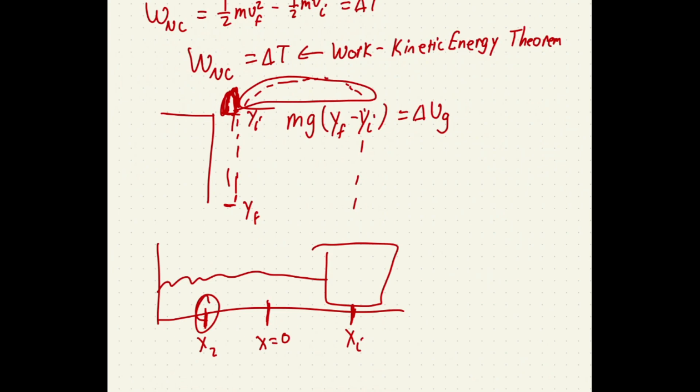Again, assuming that this is a frictionless surface, it won't matter how many times I oscillate back and forth, because it'll just keep going back and forth over and over again. And every time it hits that x2 position, it's always going to have the same magnitude of velocity. It's always going to be at the same stretch distance. The spring constant is going to be the same, and m is going to be the same.